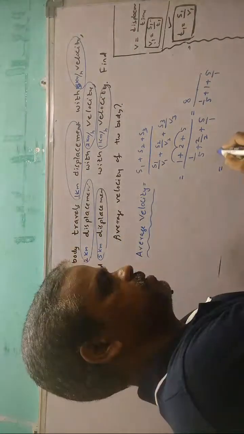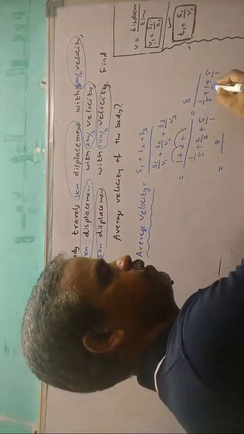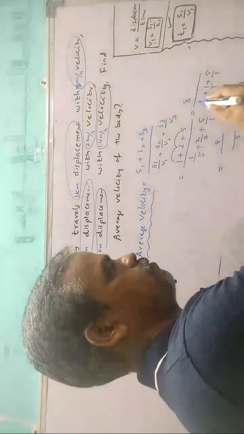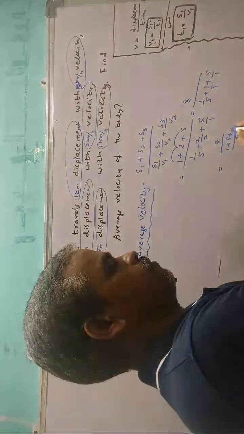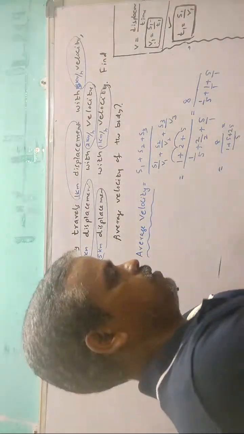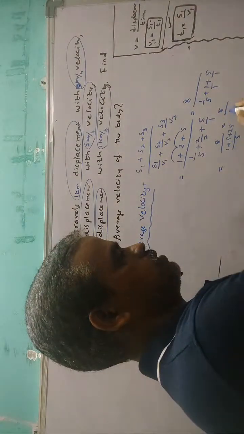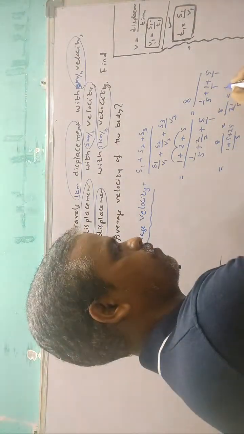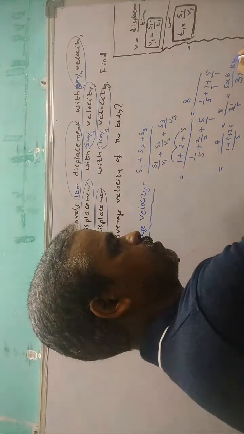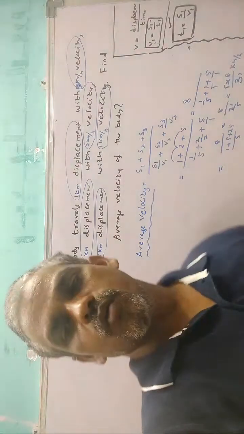So just add it. Denominator, LCM 5: 1 plus 5 plus 25, which is 31 by 5. So 5 into 8 by 31, 40 by 31 kilometer per hour.